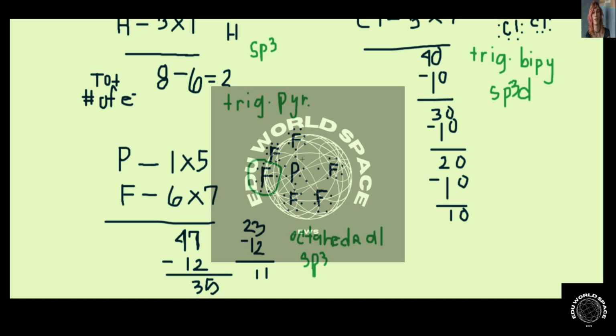And the reason it's sp3d is because, again, you see that we have multiple bonds. So instead of just phosphorus being happy with 8, it's bonded to 6 atoms, which is equivalent to 12 electrons. And it's due to the d orbital being present.